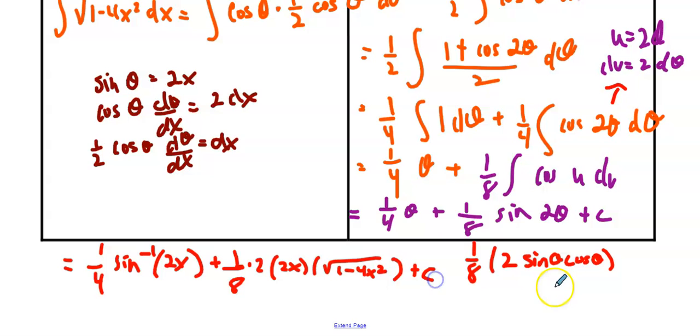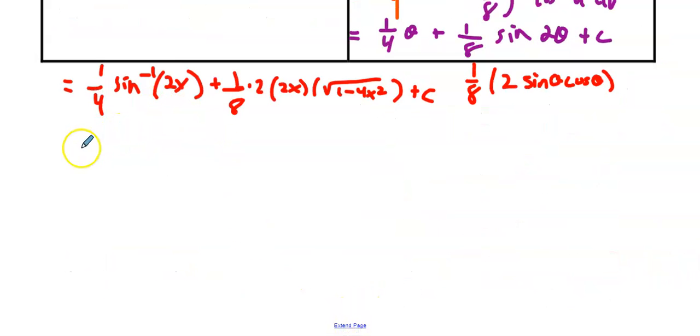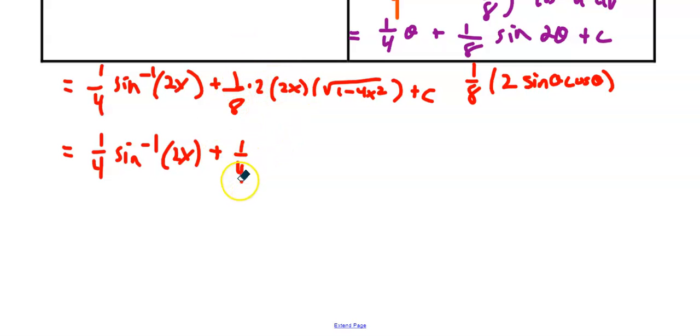And then plus c. So you guys can see why this is incredibly complicated, but this is the way that you do the problem. And so just to simplify, our final answer to this problem is going to be 1/4 arc sine of 2x plus, actually another 2 right there, so it'd be 1/2, because I got another 2 here. So 1/2 of x times the square root of 1 minus 4x squared plus c.